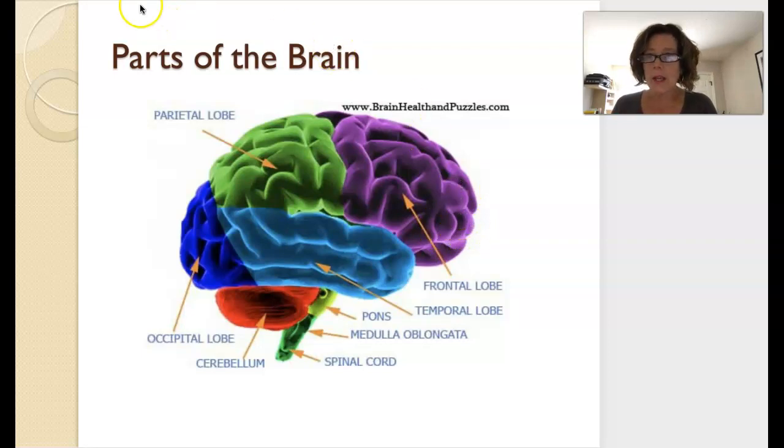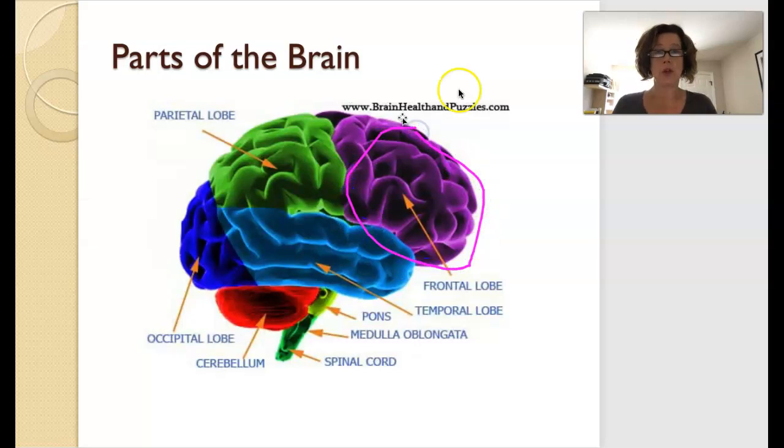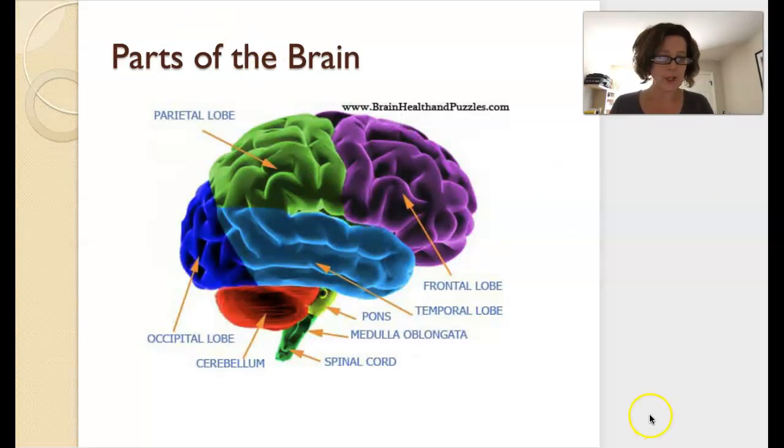You've probably heard the idea of the frontal lobe and how the frontal lobe is where the higher order cognitive abilities happen. This is where you start to be able to reason, you start to be able to really look at logic, you start to be able to look at something and go, okay, these are all of the aspects of that. Okay, and then we have the two temporal lobes, which I'm going to go to the next slide and let you have a look at those.